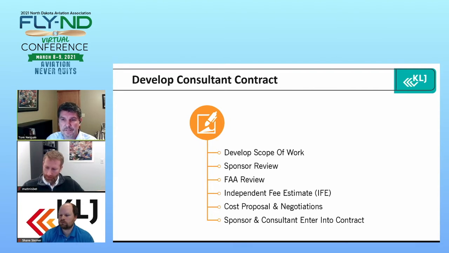As an example, if there's a disparity in the costs or the level of effort, sometimes you can see, well, on this task the independent fee estimate has 4 hours, where the consultant doing the work has 40 hours. So the difference is pretty large, and there's probably a misunderstanding of what that task really means. Sometimes there's going to be a handful of those to iron out as the sponsor looks through the independent fee estimate and compares the two.